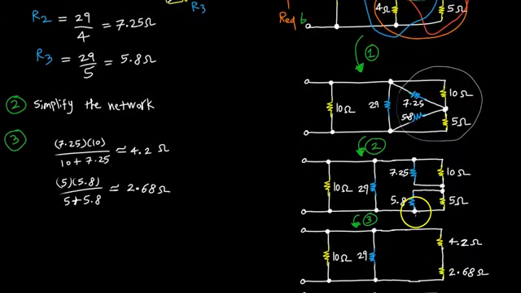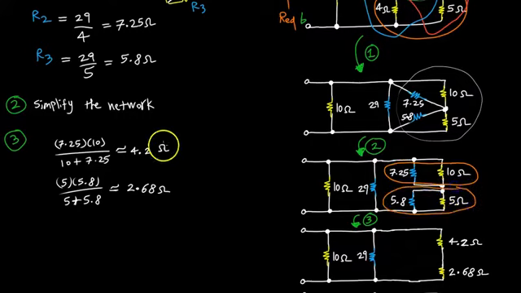Okay, so in the third step, we're going to simply combine the parallel resistors in this particular section of the network, and also in this section. I've gone ahead and shown the calculations here.